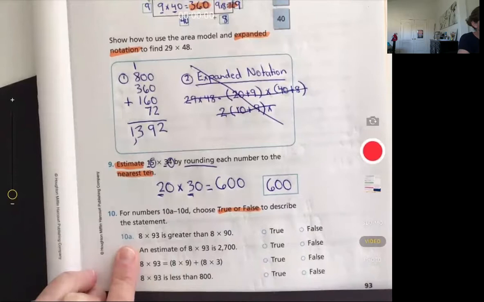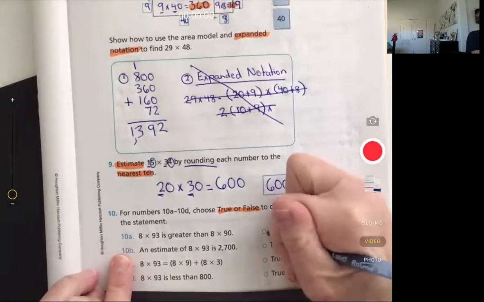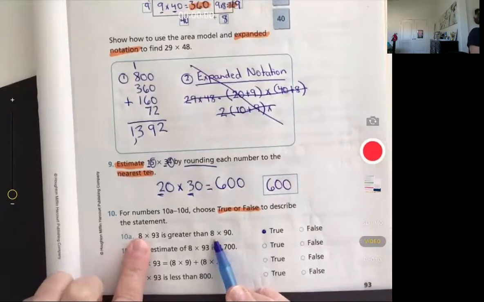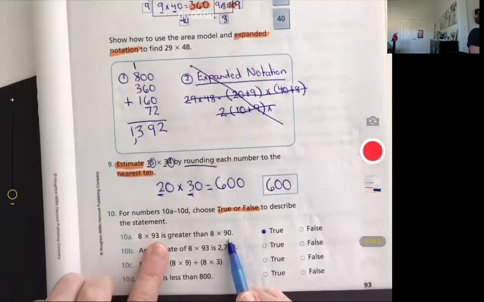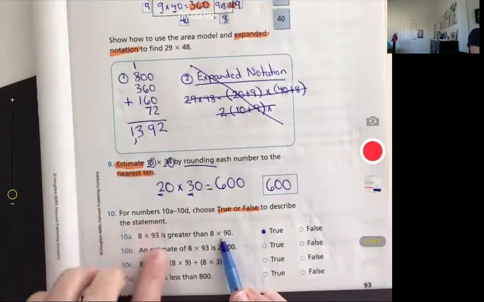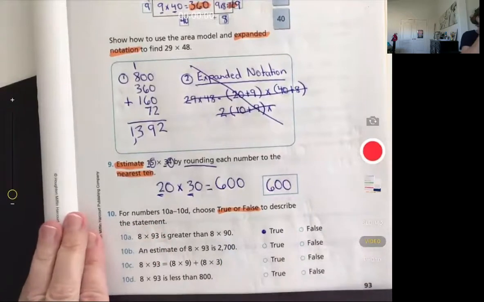I hope you just quickly know the answer that yes, that will be true. The 8s are the same, so now I'm comparing 93 and 90. Well, 93 is greater than 90, which means this would be greater than this, okay?